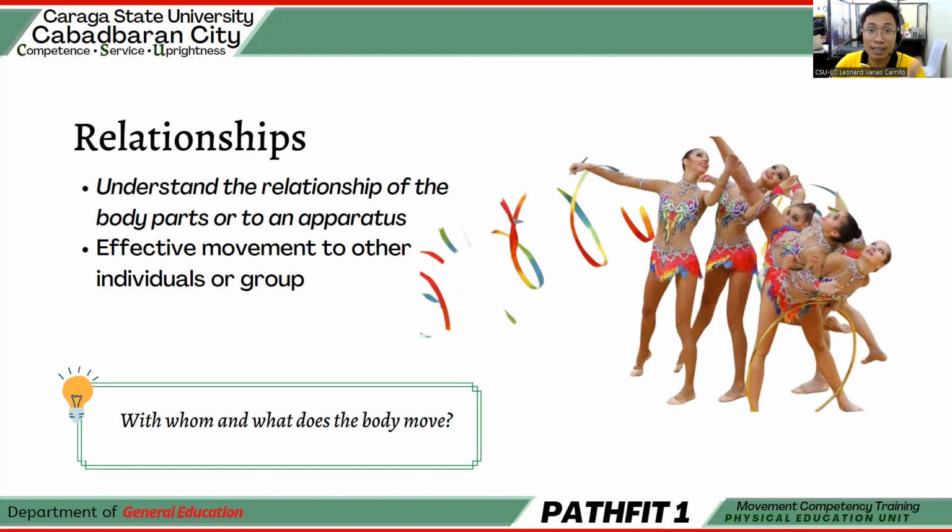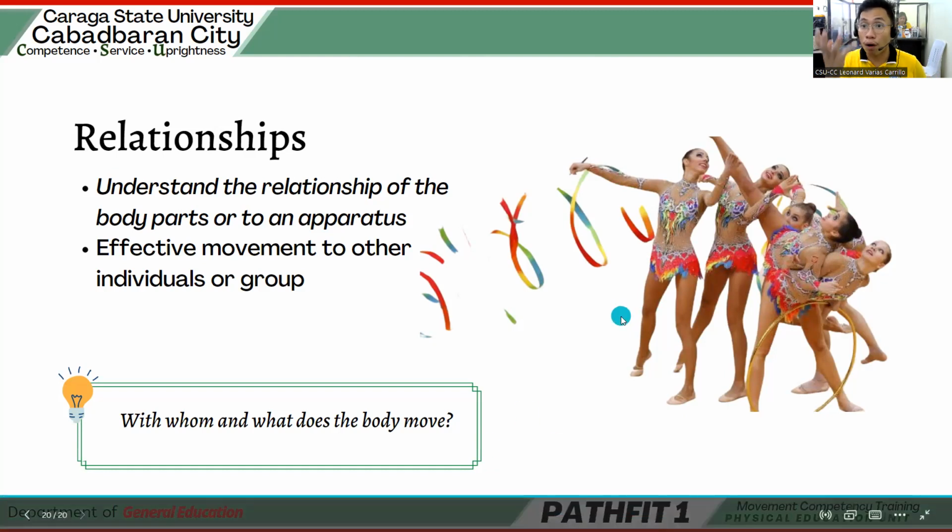In relationships, it is the understanding of the relationship of the body parts or to an apparatus, especially if naamoy props. So apparatus, you can also call it as props. Pero especially in gymnastics, there are a lot of apparatuses. Nate ribbon, kani inyo kakita karon, this is the ribbon. We have ball, and we also have this one, the hula hoop.